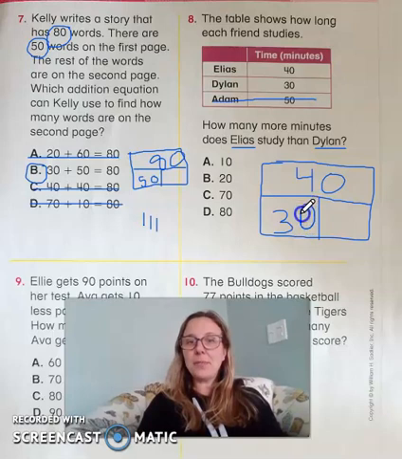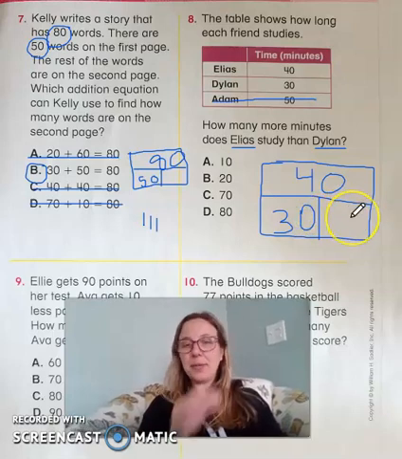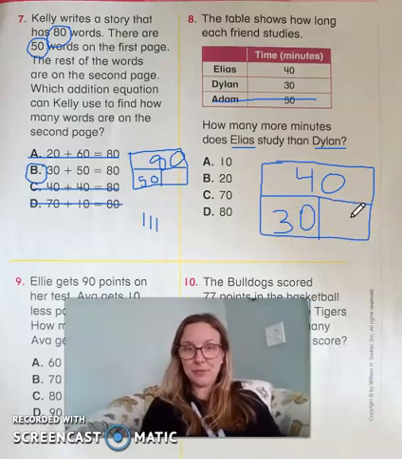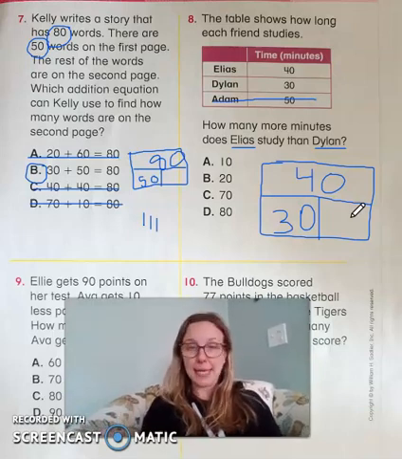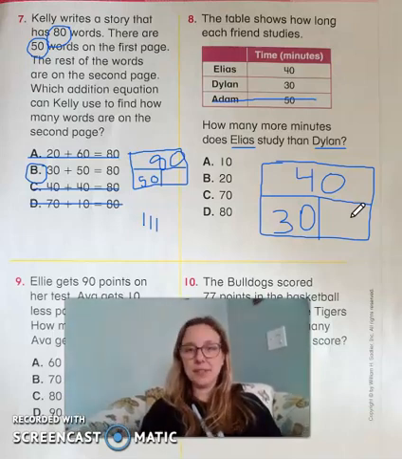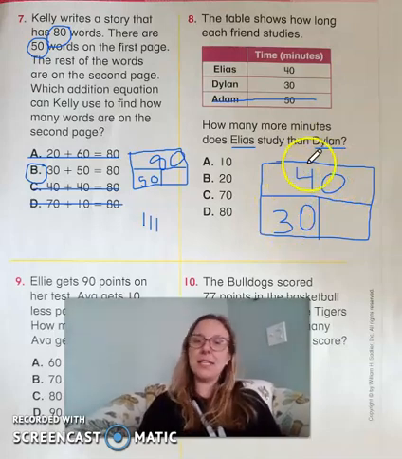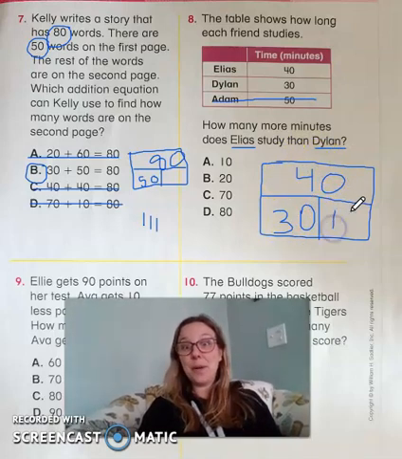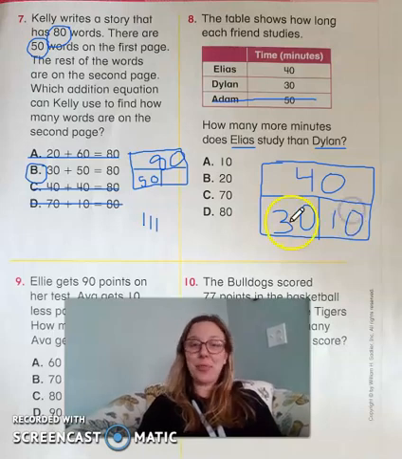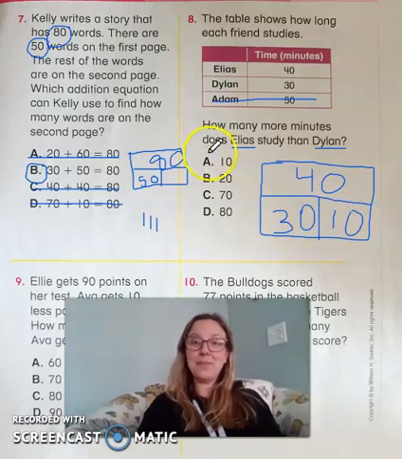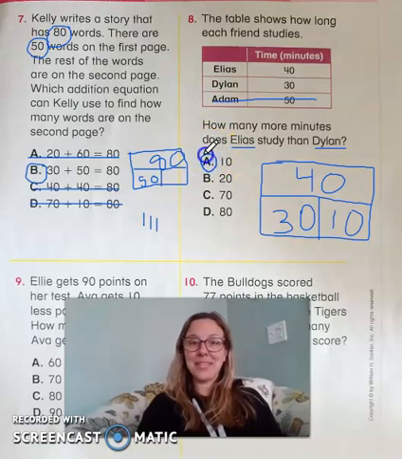And then whatever number we end up putting here will be our other part or our other addend to tell us the difference, okay? So I have 3 10s. I want to get to 4 10s. I can mentally decide that to go from 3 10s to 4 10s, I need 1 more 10. So 30 plus 10 is 40. So our answer for that one is 10.